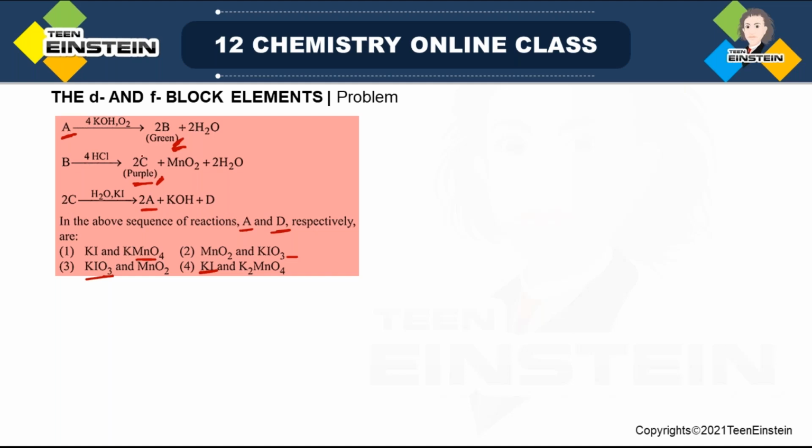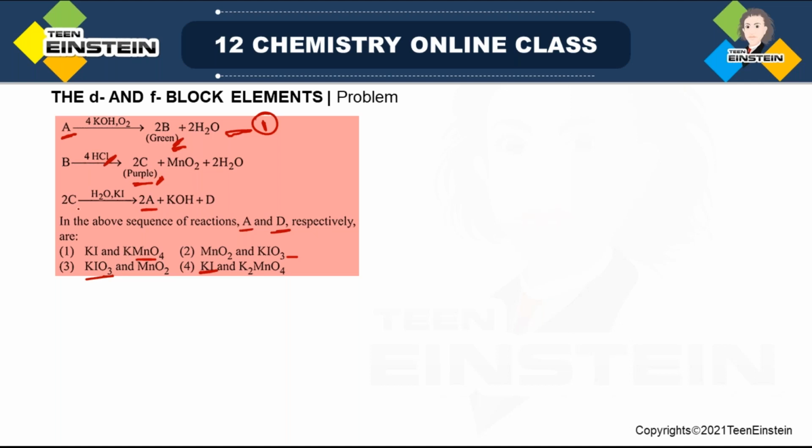So the first equation is actually the first step of the preparation method of KMnO4. And the green color compound is K2MnO4, potassium manganate. So B is basically K2MnO4. Now K2MnO4, in presence of HCl, produces purple color C. Now this purple color C is KMnO4, that is potassium permanganate.